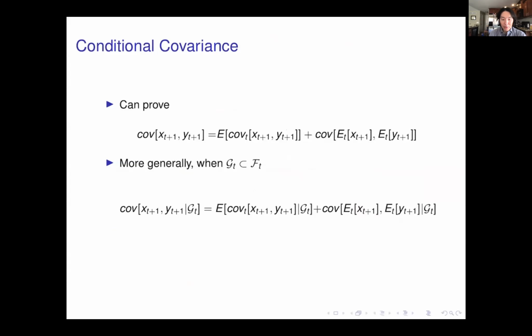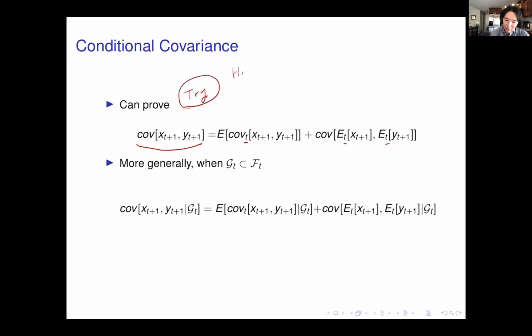One interesting thing is the conditional covariance. This is very important because finance theory is all about covariances. So on the left-hand side, what is this? Unconditional covariance. On the right-hand side, that is expressed in terms of conditional covariances, right? This is conditional, that is conditional, and that is conditional. Okay, so you can actually prove it. Try.